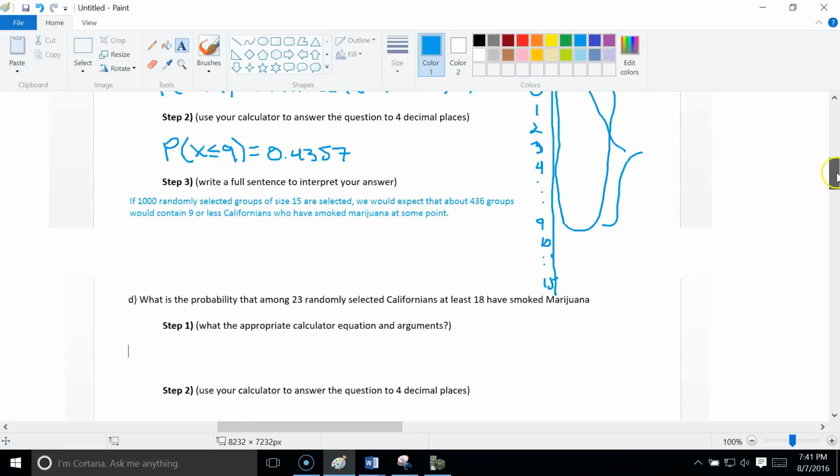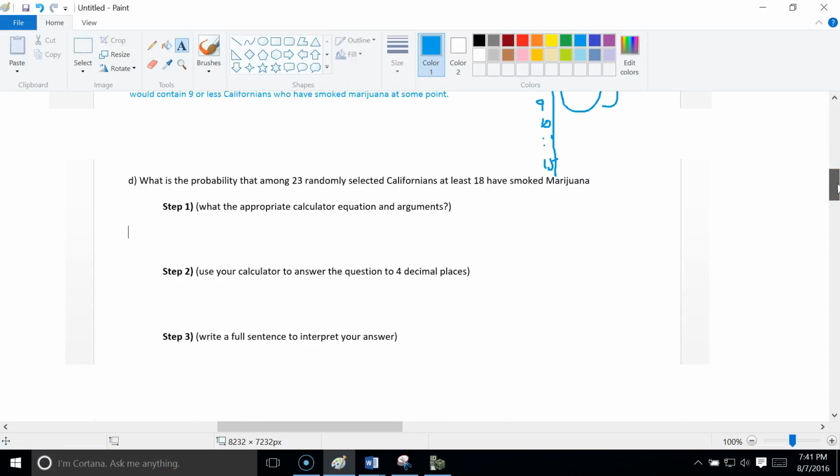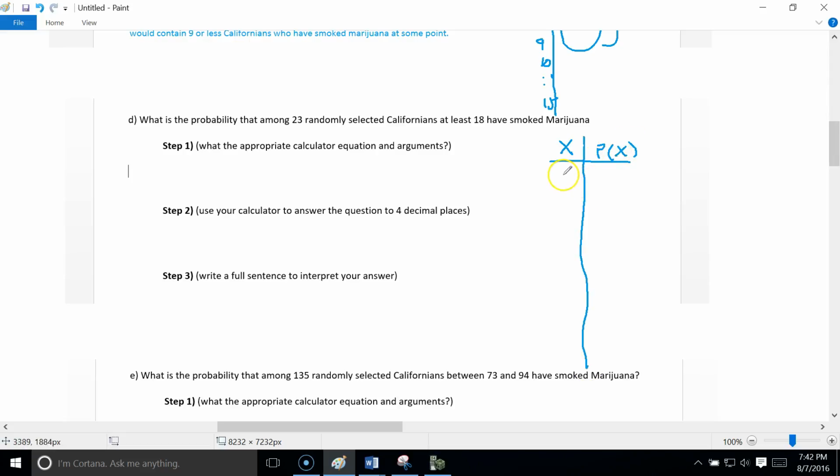Okay, moving on. What is the probability that among 23 randomly selected Californians, at least 18 have smoked marijuana? Okay, so again, if we had a probability distribution table on the random variable x, we would see something of the sort. Okay, so the random variable x could take on the value 0, and then 1, and 2, and 3, and so on and so forth.